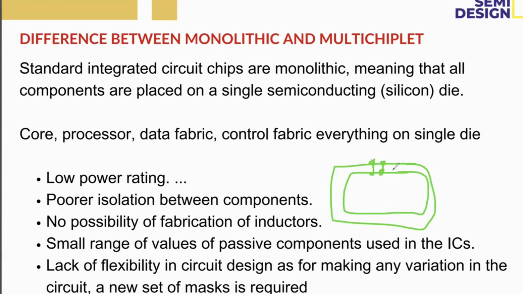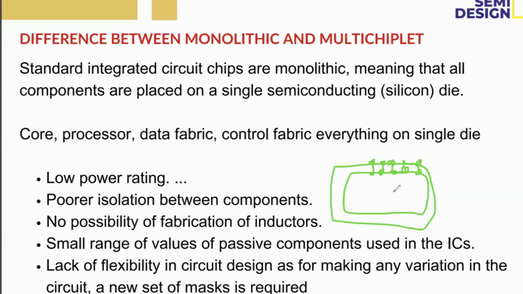If you see in your laboratory, the die is connected to the package with pins like this. So here there is a single die. In this single die, there will be the processor, number of cores, number of caches, data fabric, control fabric, and multimedia hub, everything. Whatever IO devices and memory blocks there are, everything will be connected in a single die.